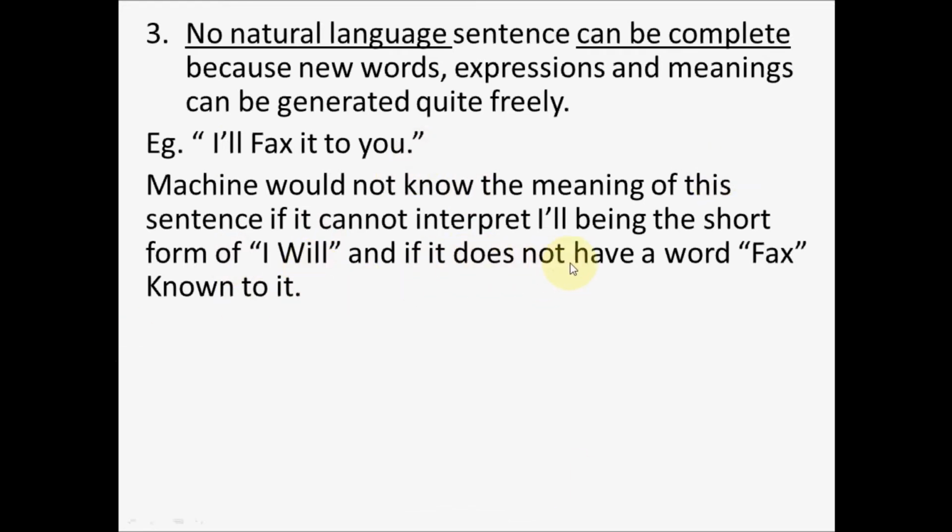Also, if the machine does not have the word fax known to it, because fax is using a fax machine and sending some data, that's the meaning of fax. But if the machine does not know the word fax, then this sentence would be difficult to understand for the machines, right? So this is what it means, third difficulty.